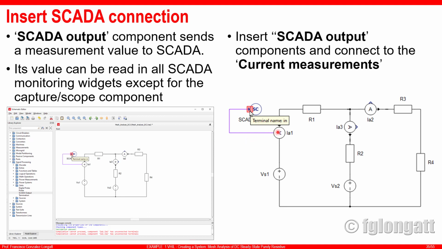Final step is connecting the current measurement to the SCADA output, and now we have the current I1 moving from the electric world, electric environment, into the signal environment that can be used at the SCADA environment.